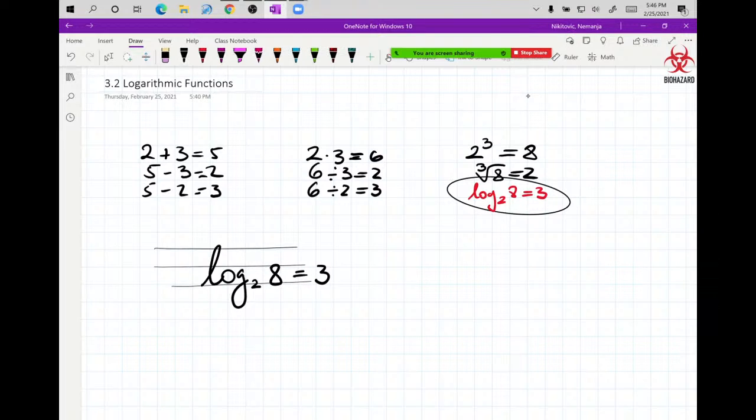So you can see the spacing, which is different than log of 28, which is going to mean something else later on. This number needs to be small, in the middle of the line that goes underneath log and 8, which is the main line on which everything rests.